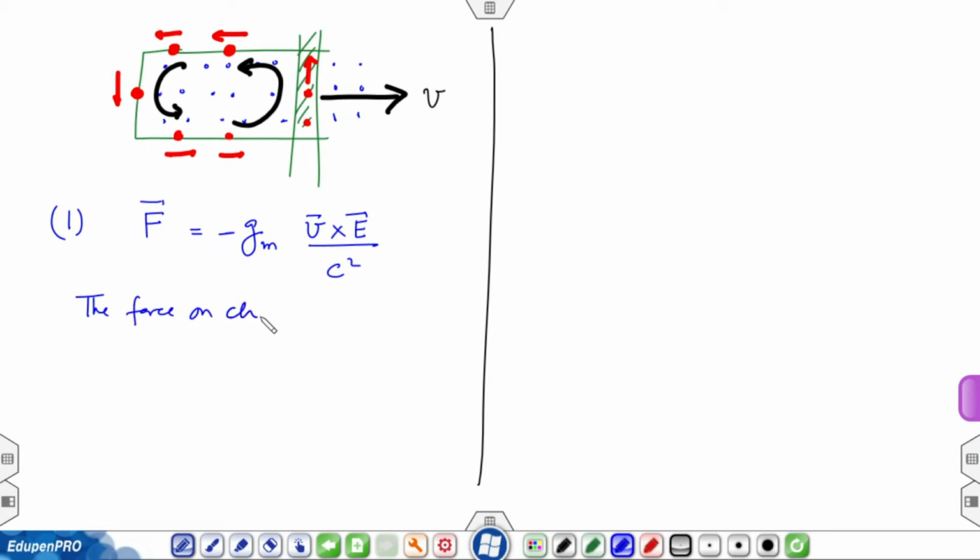on charges, when I say charges, I mean magnetic, in the moving part, right, v is going up, E is coming out.